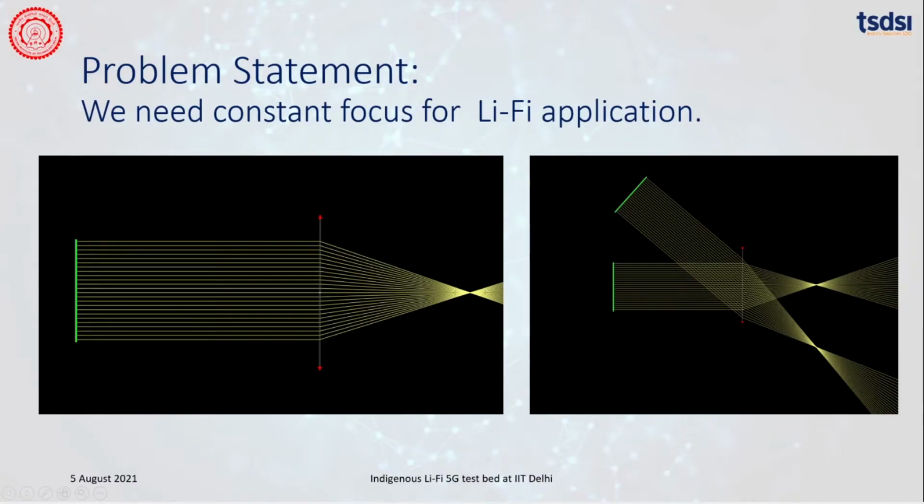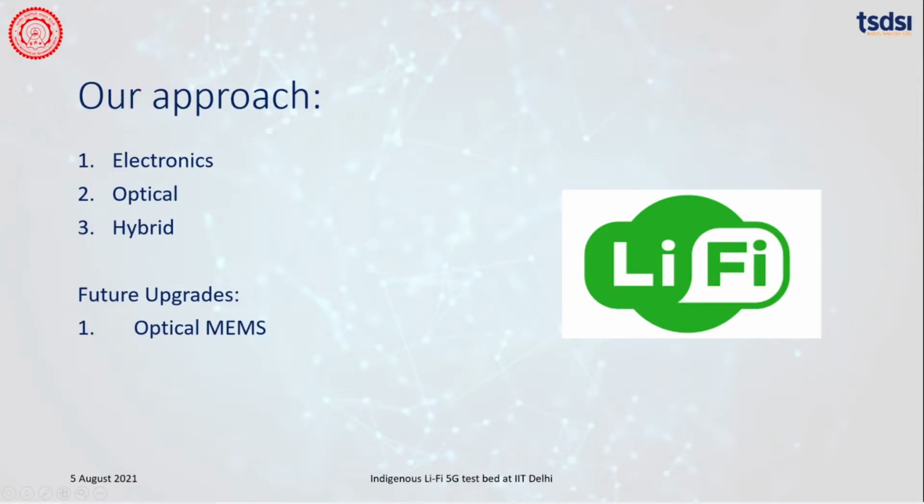So we need to maintain a constant focus on the photodiode even when the orientation of the device changes, for flawless connectivity. We need to solve this. We have to have a constant focus on a photodiode at all times. So we are approaching this problem basically in three parts.